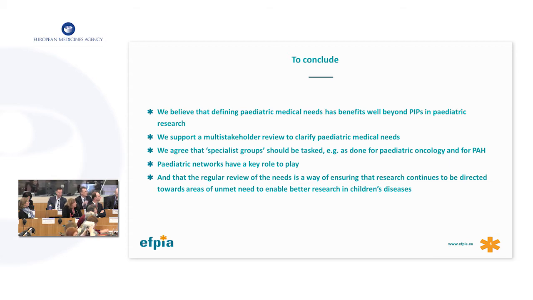We agree that specialist groups should be tasked, for example, as done for pediatric oncology and for pulmonary artery hypertension. Indeed, pediatric networks have a key role to play. And we believe that the regular review of the needs is a way of ensuring that research continues to be directed towards areas of unmet need to enable better research in children's disease.